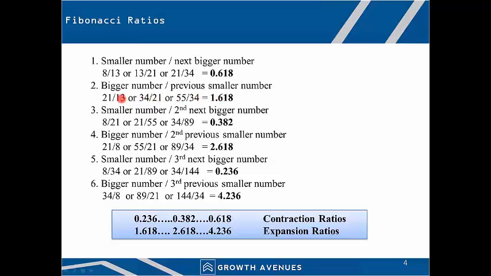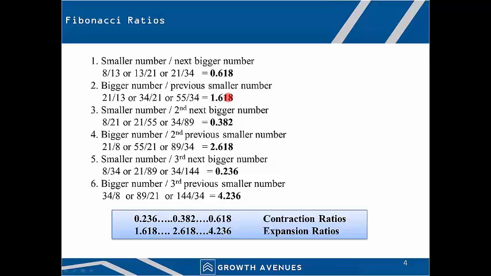So what you will find is that this will generally tend towards 1.618. That is, as you go larger and larger in the number, 89 by 55, 144 by 89, 233 by 144, and so on, you will find that the number becomes purer and purer towards 1.618.